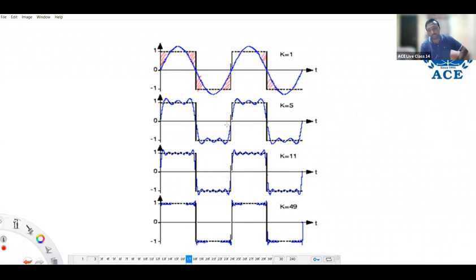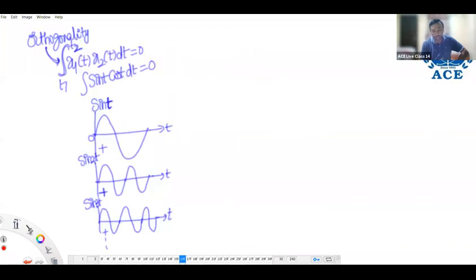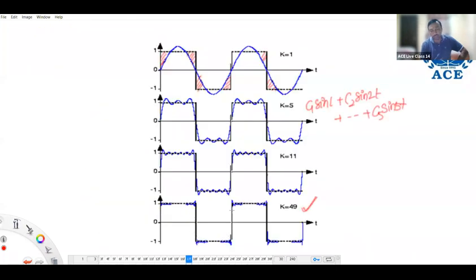Next time it is approximated as a sum of 5 terms like C1 sin t, C2 sin 2t, like that, sir. Next time the same waveform is approximated with 11 harmonics. Roughly, after 49 harmonics, 49 sine and cos functions, are added like this, you can feel that the original rectangular pulse is recovered.